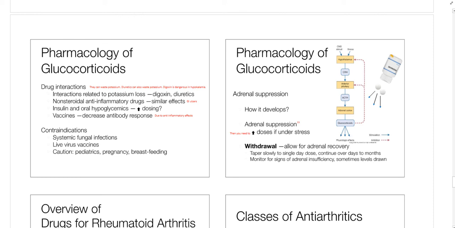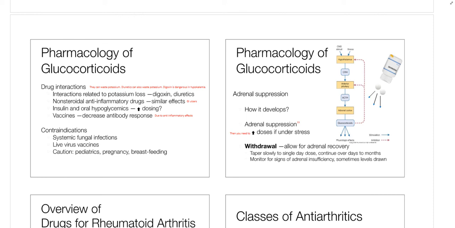Monitor that potassium. Of course, if you take it with NSAIDs, then we can have similar side effects in regards to the GI ulcers. We may need to take insulin or hypoglycemics to help with controlling the glucose levels in the blood, or if the patient already has diabetes, then they may have to up their doses of insulin and oral hypoglycemics.